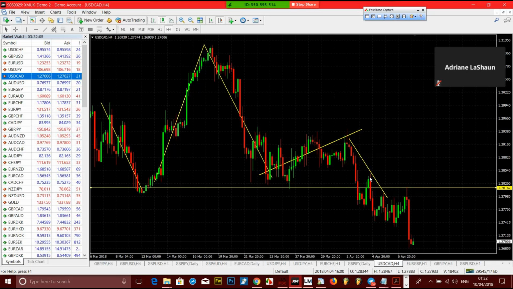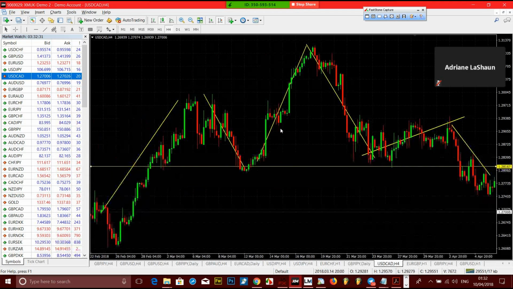Some people jumped out of it. In fact, I jumped out of it. I think it got to my stop loss. Did I take profit? I think I lost the trade because it went back to hit my stop loss. I think I brought my stop loss closer. Can't remember, but I had a 0.01 lot size.